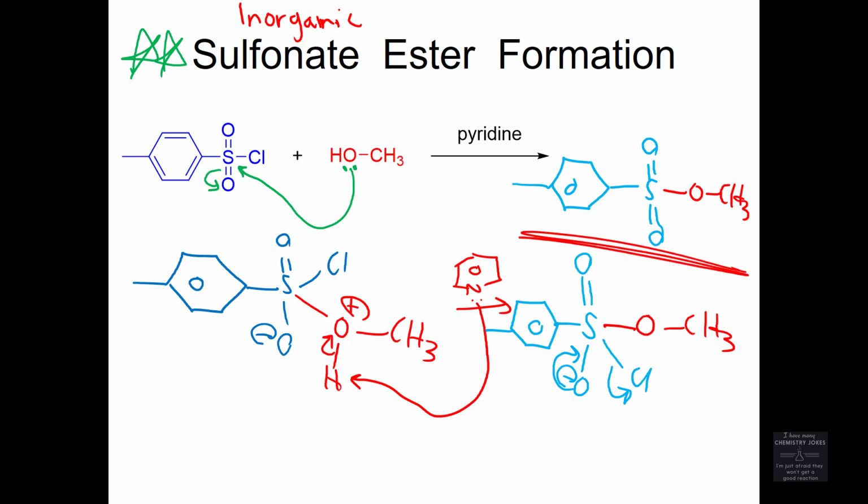This compound is known as a sulfonate ester. So yes, you need to know this mechanism, and of course you need to be able to predict the products. Sulfonate esters are cool and interesting compounds because they themselves can then undergo SN1, SN2, E1, or E2 reactions. So hold that thought.